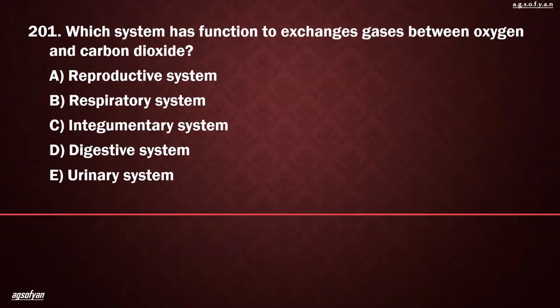Which system has the function to exchange gas, carbon dioxide and oxygen? We have this in the classroom. Which one is that? Of course, it's not reproductive, not integumentary, not digestive, not urinary.